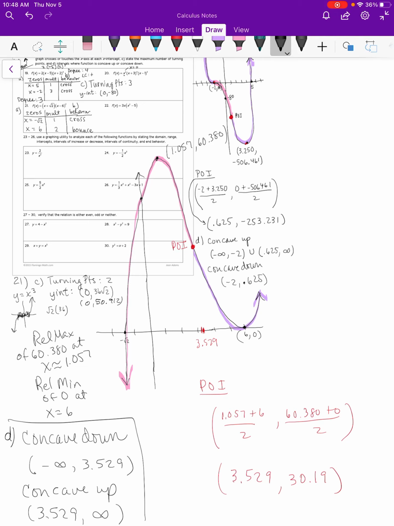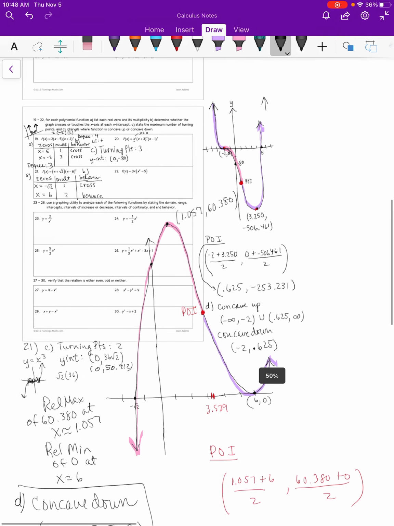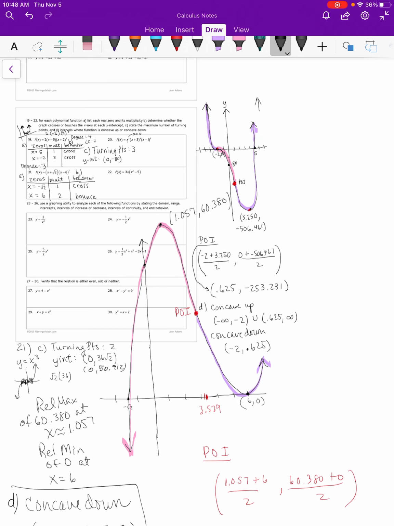Number 22. Zeros, multiplicity, behavior. We've got x equals 0, multiplicity of 1, that's right there.